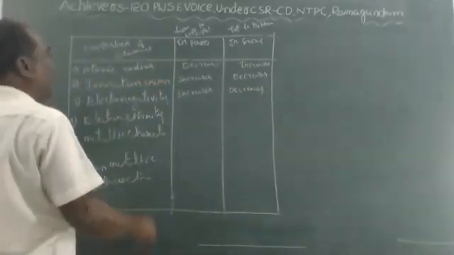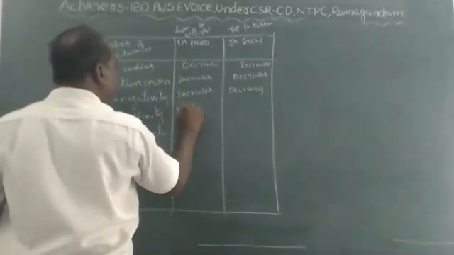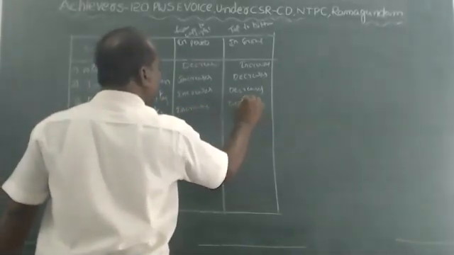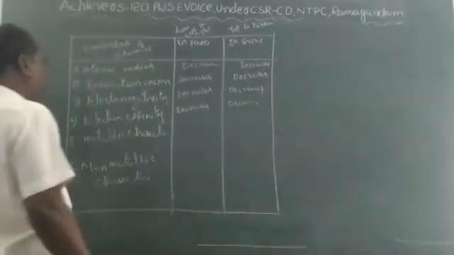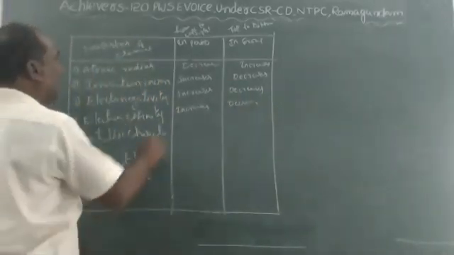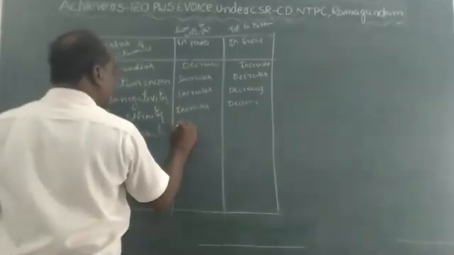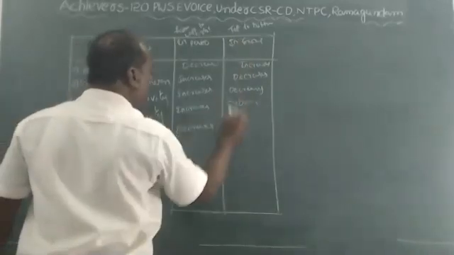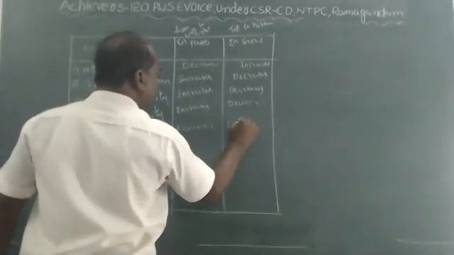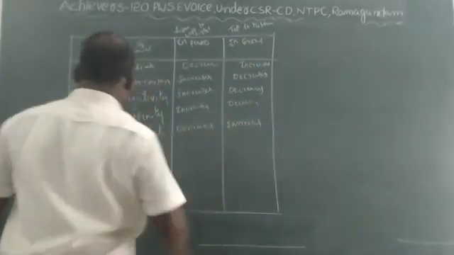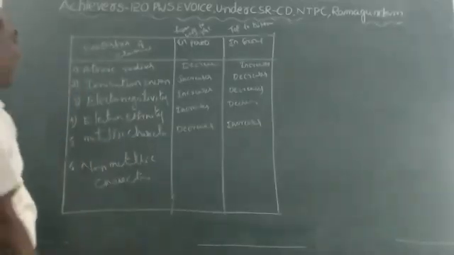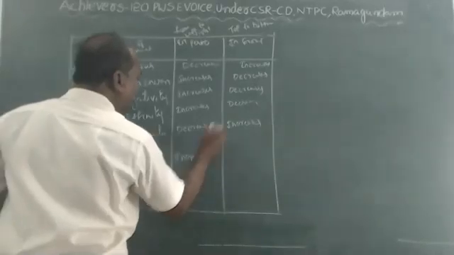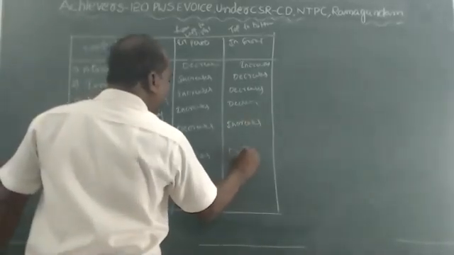Electron affinity in a period from left to right increases; top to bottom, it decreases. Metallic character in a period from left to right decreases, and in a group from top to bottom increases. Non-metallic character in a period from left to right increases, and top to bottom it decreases.